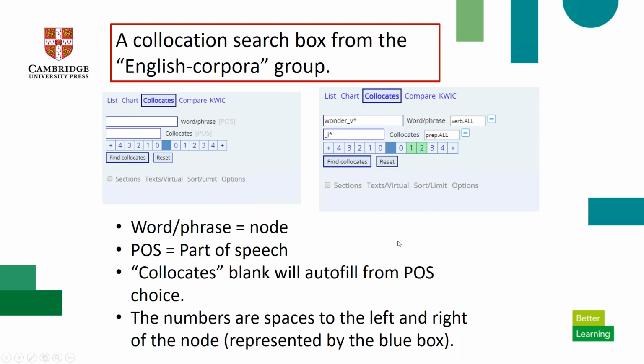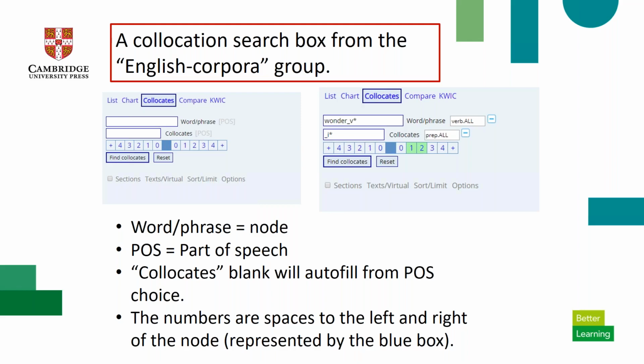I didn't just randomly pull this out, because my students were building sentences a couple of weeks ago using the verb wonder, and they all knew that they had to follow it with some kind of prepositional phrase, but they were not sure, is it wonder to, is it wonder of, is it wonder from? They hadn't really got instincts about which preposition should follow it.